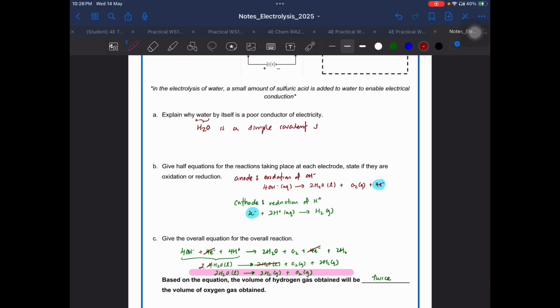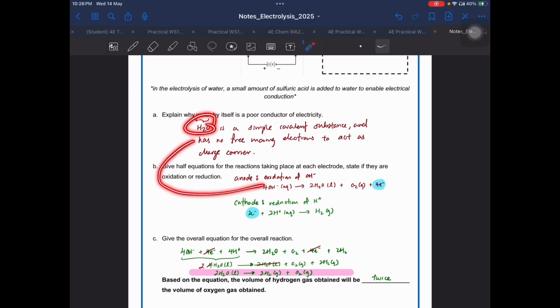And when it's a simple covalent substance, it does not have any free moving electrons to act as charge carriers to conduct electricity. So this is what we learned in Sec 3, in case you have already forgotten. But in this chapter, we just learned that water is made out of OH minus as well as H plus ions, so that still allows some form of reaction to happen.